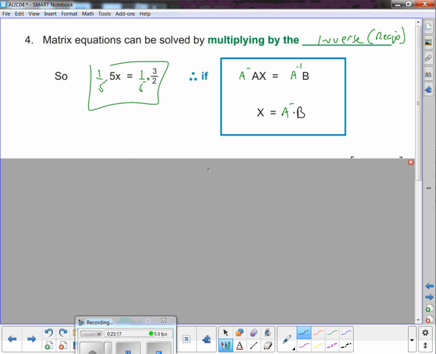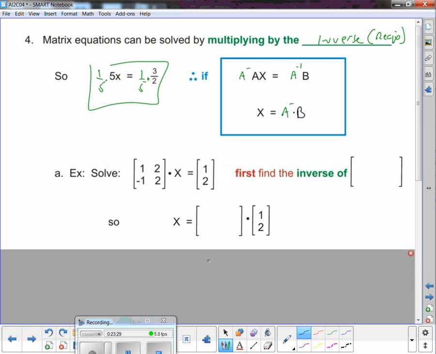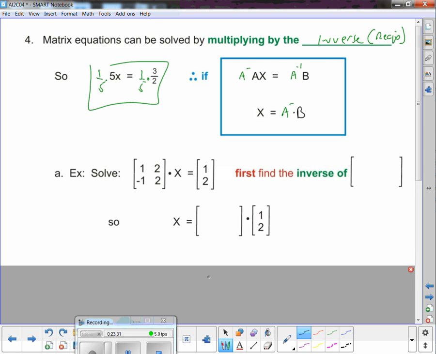So now we can solve a matrix equation when the multiplier isn't a scalar, the multiplier is a matrix. Like this. So example A, X is a matrix, and its multiplier is definitely a matrix, right?